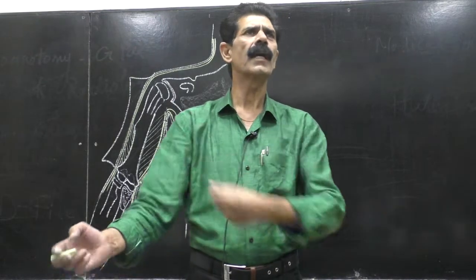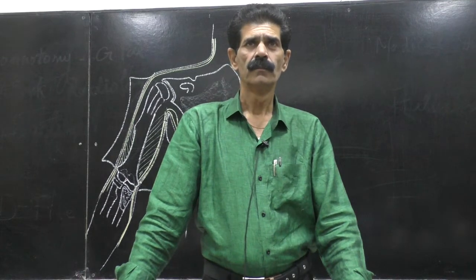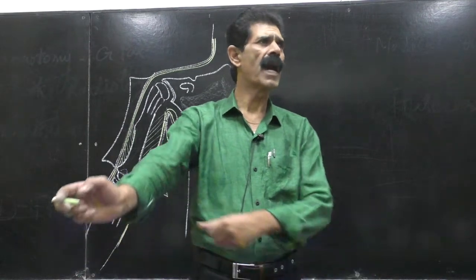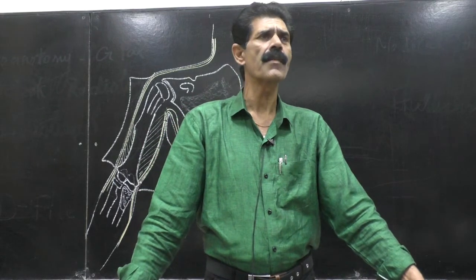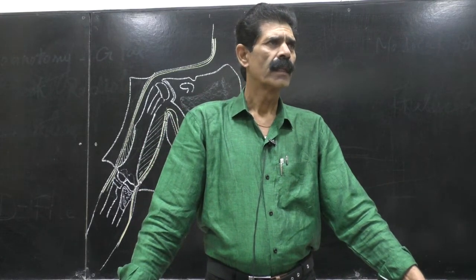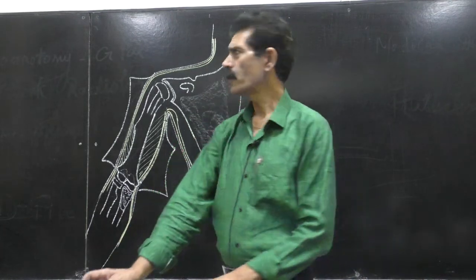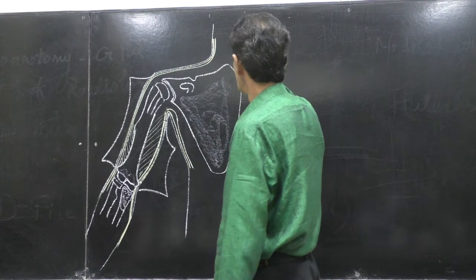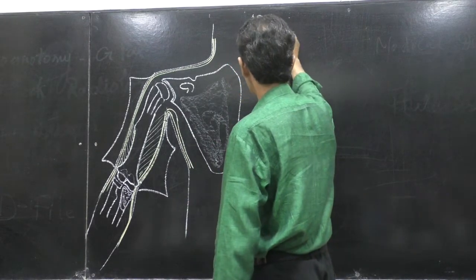This whole is called the anterior compartment of the arm. Whatever lies behind it is the posterior compartment, which is the extensor compartment. The anterior compartment is called the flexor compartment. So we are doing the front of the arm, which means we are concerned with the flexor compartment.